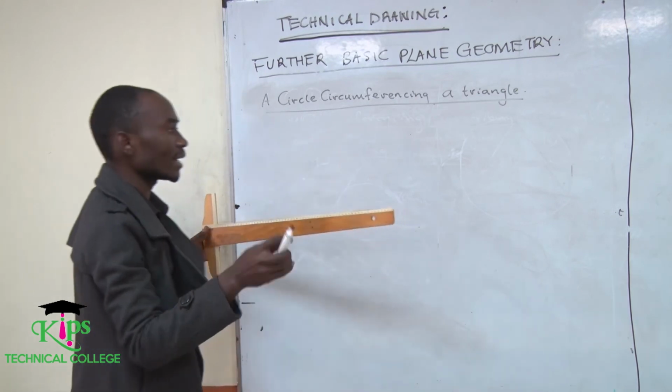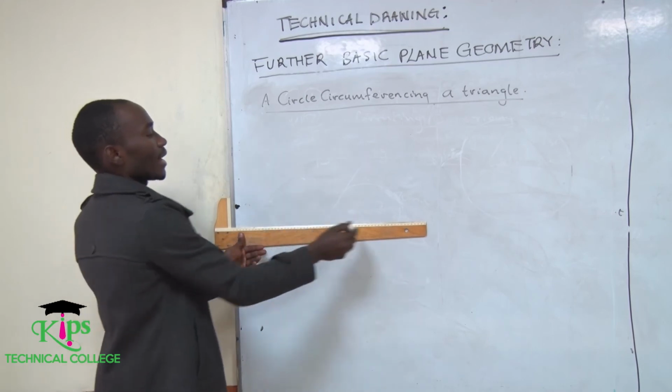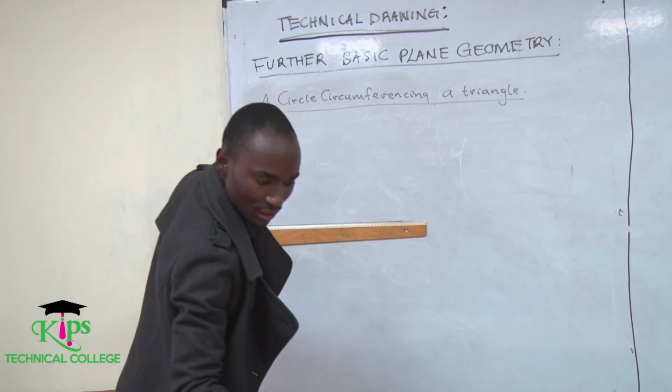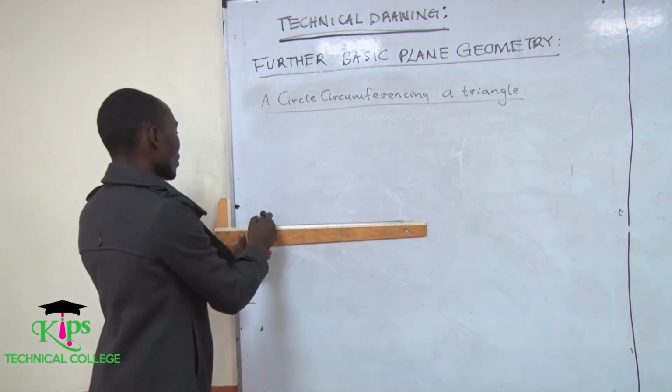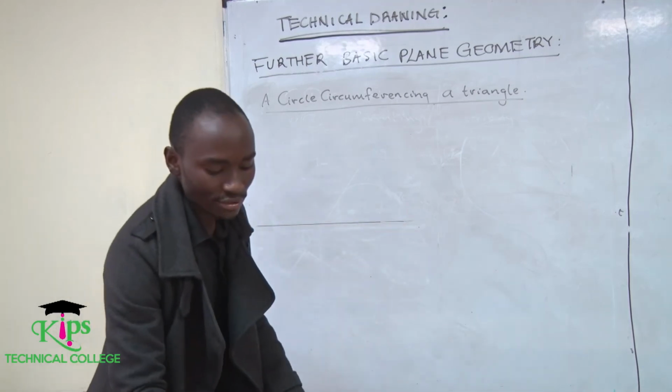Outscribing a circle. I said you take up your T-square like this. Then draw a line according to the measurements that you've been given.